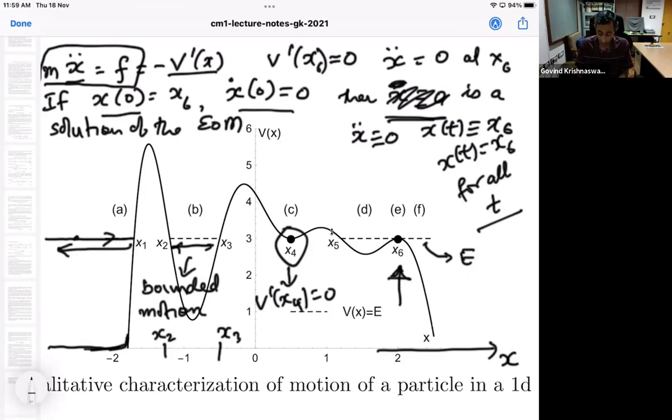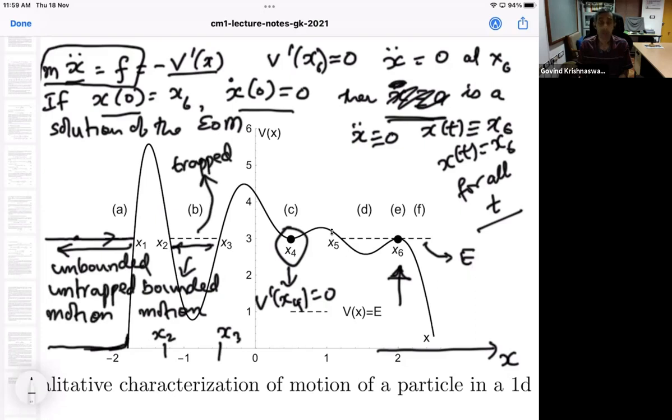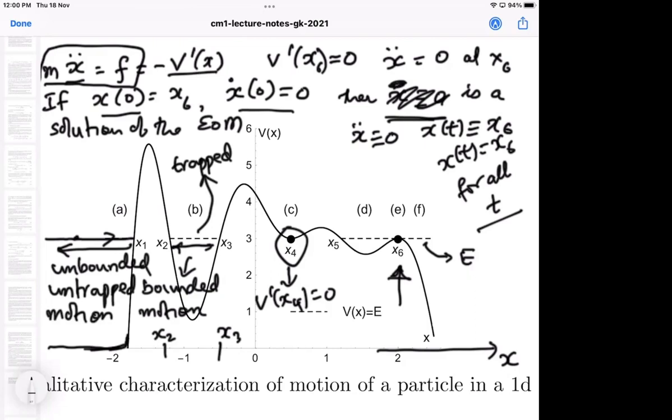So this is unbounded or untrapped motion, whereas in this case, it was a trapped trajectory. So is that terminology clear or understandable? Yes, sir. Okay, very good.